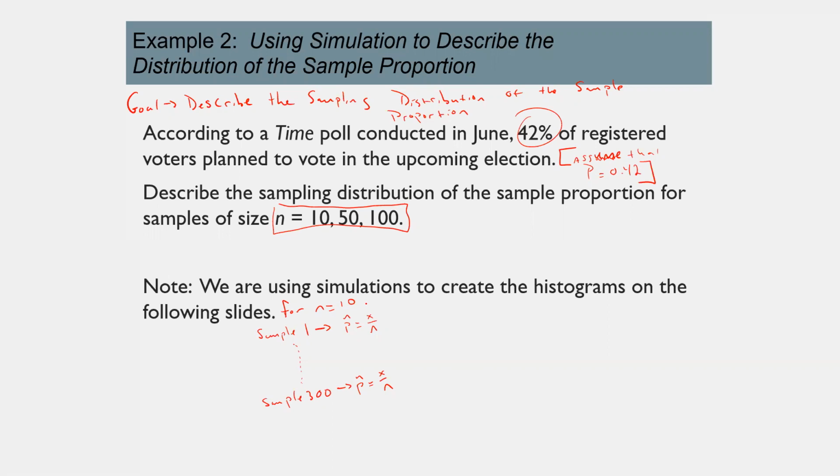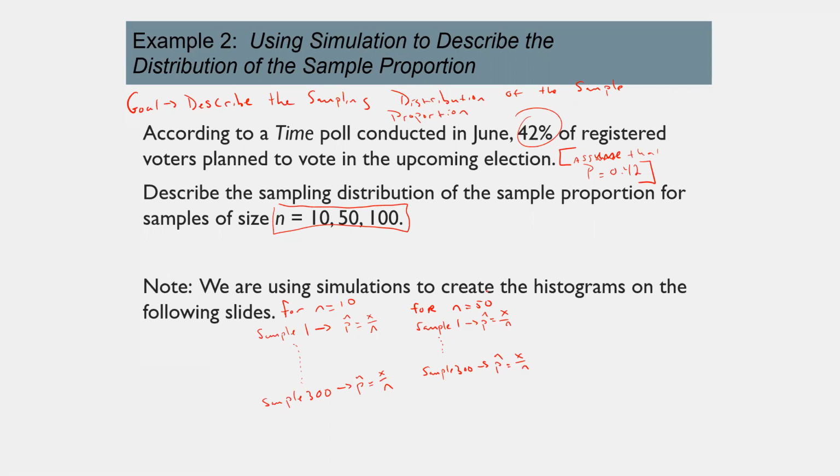Then I'm going to repeat this experiment for n equal to 50. Instead of calling 10 people, I'm going to call 50 people in each sample. For sample 1, I'm going to compute a p hat, and I'm going to do this 300 times.